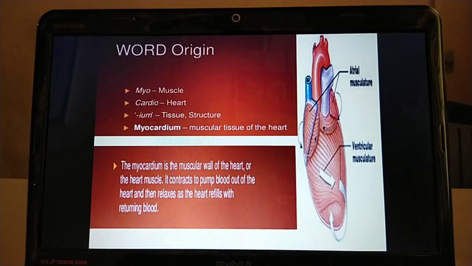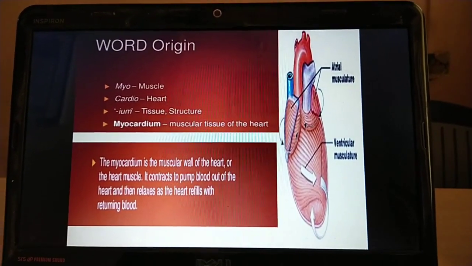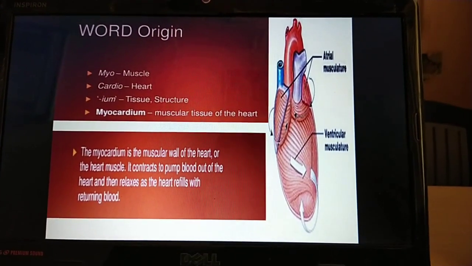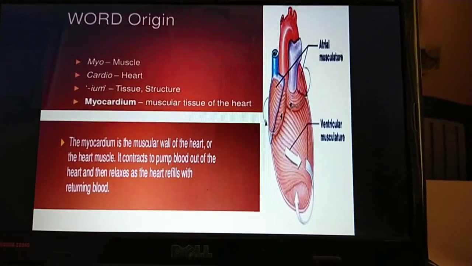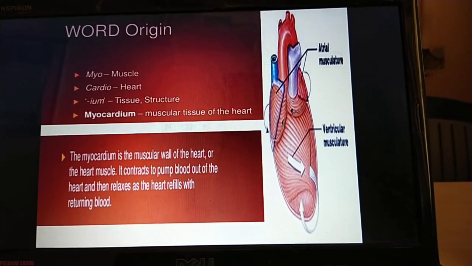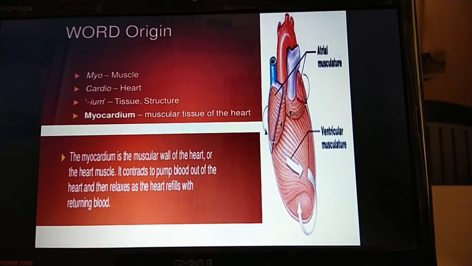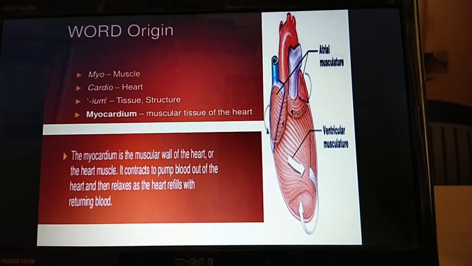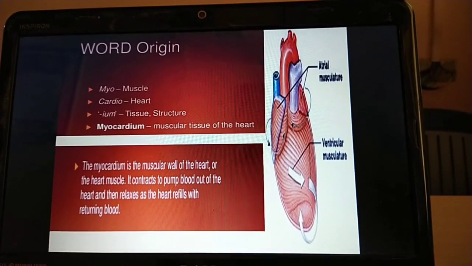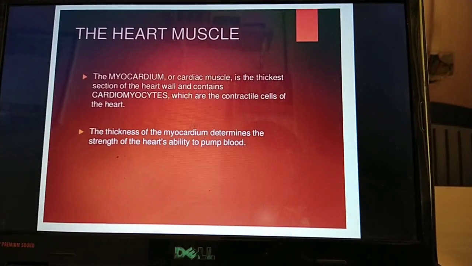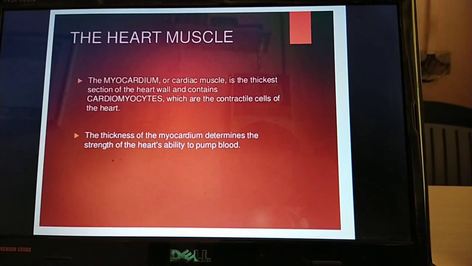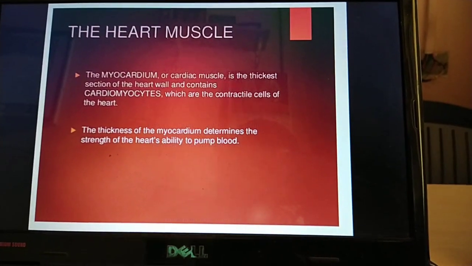Now the origin of the word myocardium. Myo means muscle, cardium means heart, and the suffix means tissue or structure. Myocardium means muscular tissue of the heart. The myocardium is the muscular wall of the heart, or heart muscles, that contract to pump blood out of the heart, then relax as the heart refills with the returning blood. The myocardium, or cardiac muscle, is the thickest section of the heart wall and contains the cardiomyocytes.